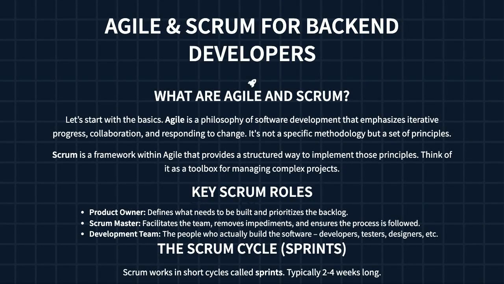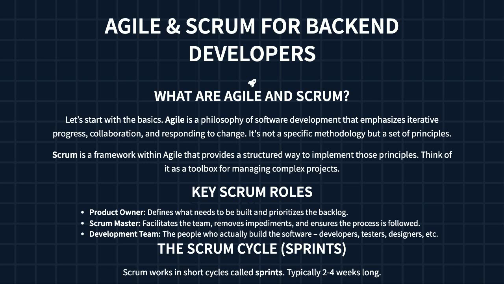Okay, let's dive into Agile and Scrum. They're super important if you're a backend developer. Agile is really just an approach to building software that focuses on working closely with clients and adapting quickly as things change. Scrum is a specific way of using those Agile principles, like a recipe for how your team works.